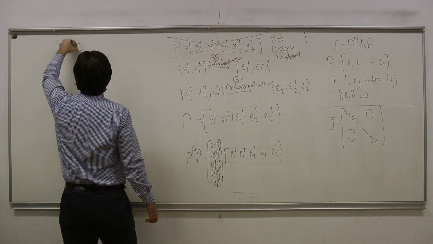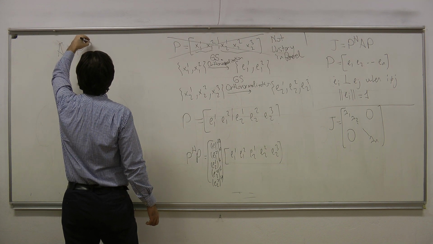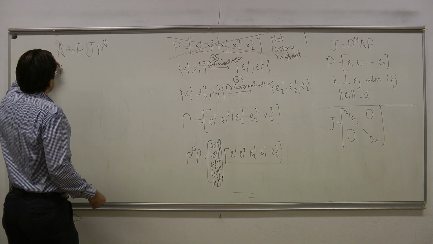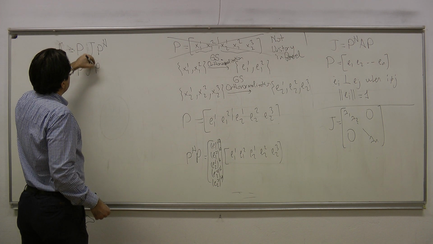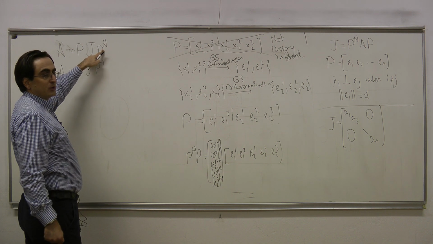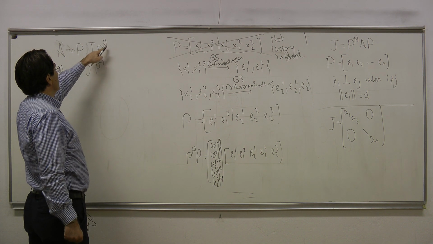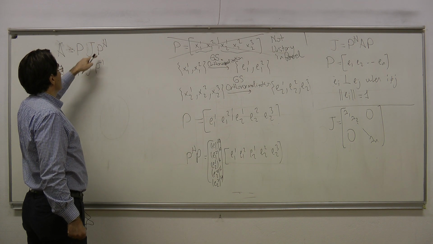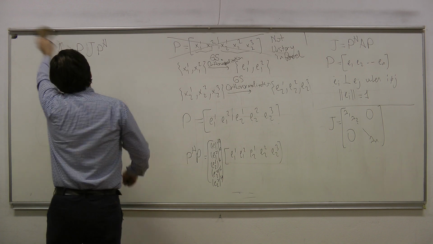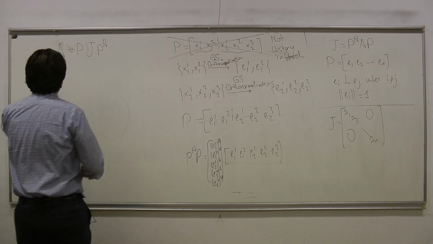So on the left I have P J and P Hermitian here. In general we know this: A is equal to P J P inverse. Since P inverse is P Hermitian because we have a unitary matrix, I replace P inverse with P Hermitian. So now this is my A in the Hermitian case.